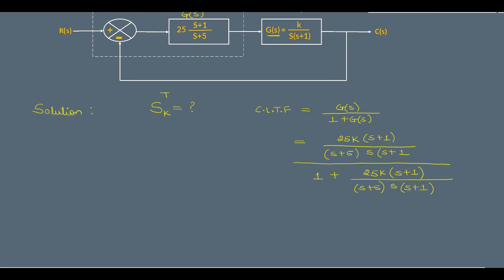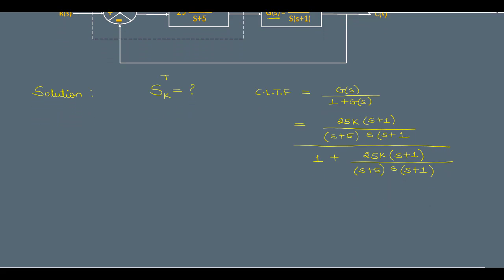Now we have to evaluate this in order to get the transfer function value. So we will get this as 25K upon S plus 1, upon S plus 5 into S plus 1.